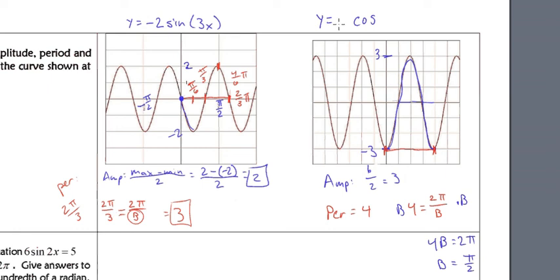What was our a value? It was 3, so it's -3 times cosine of b times x, so pi over 2 times x. There's our two equations written out there. All right, hope that helps.